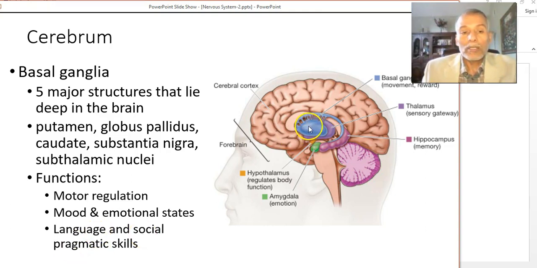They contribute to regulating language and communication, especially social pragmatic skills. So, what's appropriate, what is not. So these are 3 major functions, and each one uses 3 major connections with the frontal lobe of the brain, and these connections are used to control motor regulation, mood and emotional states, and also language and social communication skills.